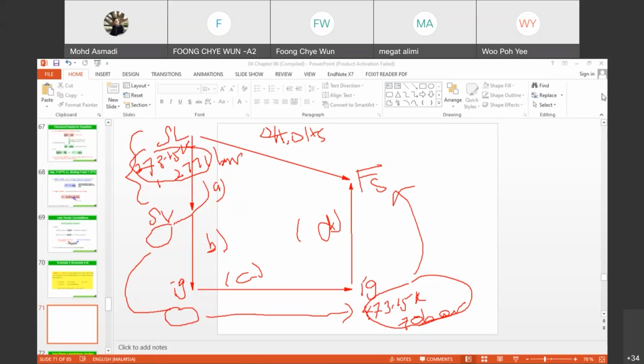Because it's change, you have to remember: if there is a change in the phase, use latent heat. If there is no change in the phase but a change in the temperature, sensible heat. So this one you will have to use the latent heat.